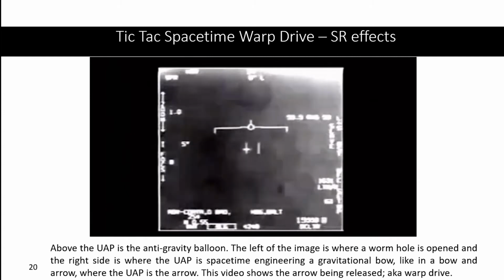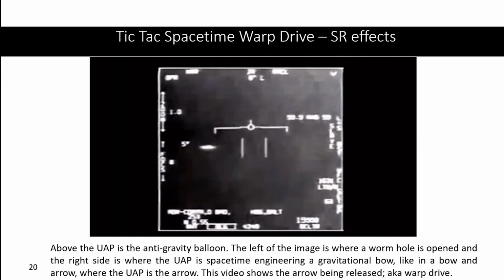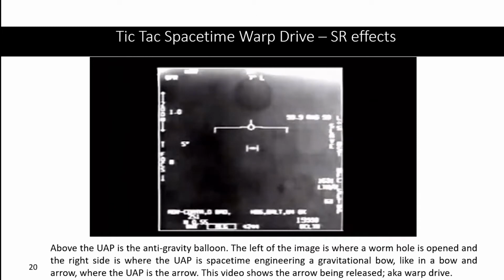And these are special relativity effects. You'll notice as the Tic Tac moves to the left, it gets longer, and that's what would be predicted in general relativity. Essentially, as it goes into expanded space-time, the length dilates, time gets shorter.